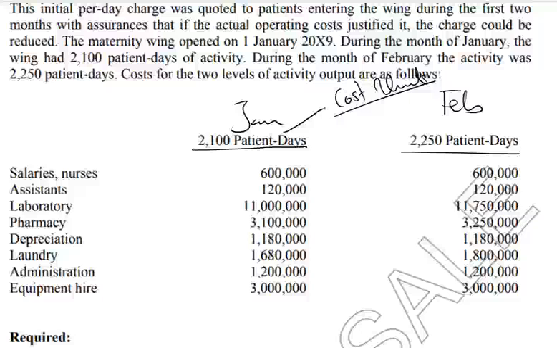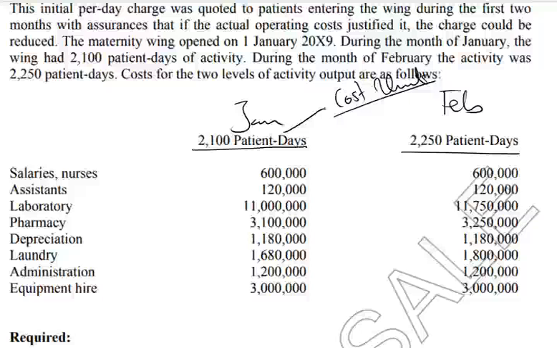They are charging per patient per day, not just per patient, because if they charged per patient, those that stay longer in the hospital would be charged less. But they are saying that they'll charge you per patient and per day you stay in the hospital. So that's the cost unit.